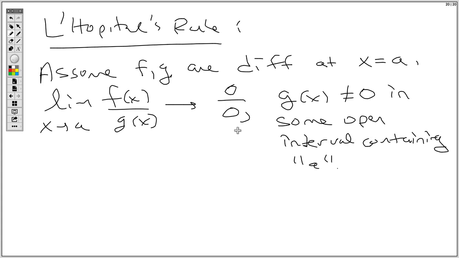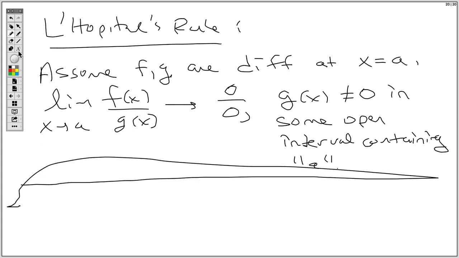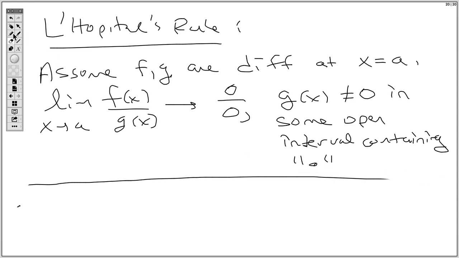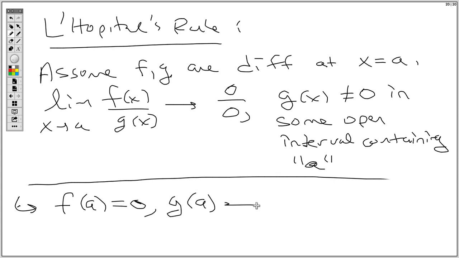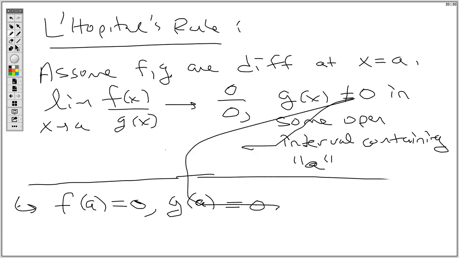So last time we talked about why we knew that f of a and g of a were both 0. Since, wow, I just don't get it. What is going on today?